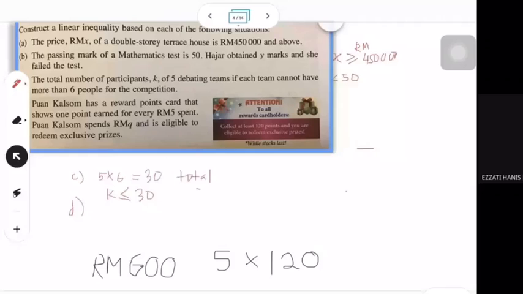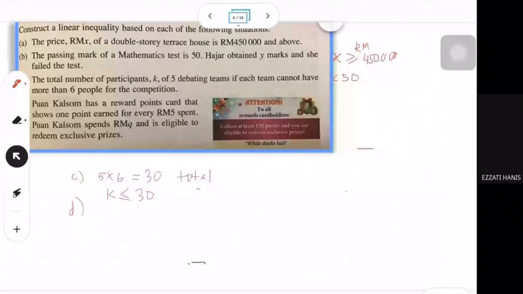So how much must she spend to get 120 points? Who wrote that earlier? 600. How do you get 600? 120 times 5. Okay, write it down. Write down the working like that.